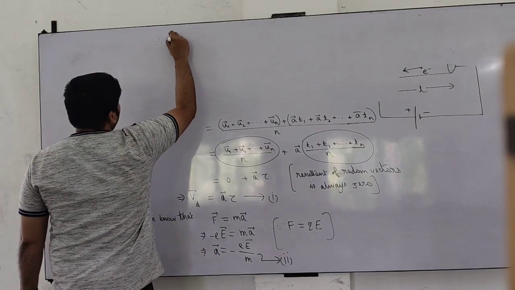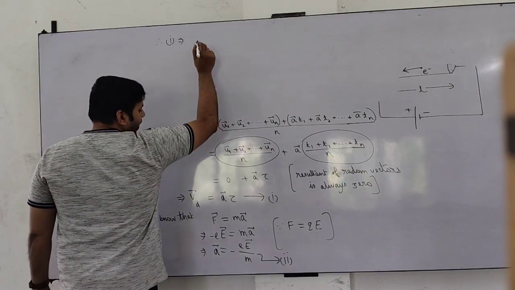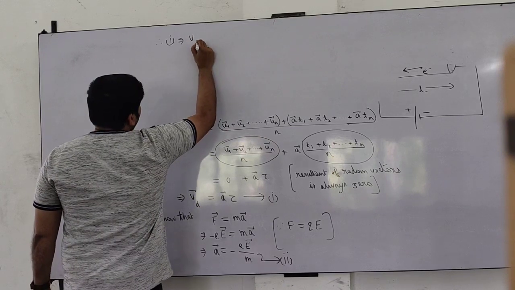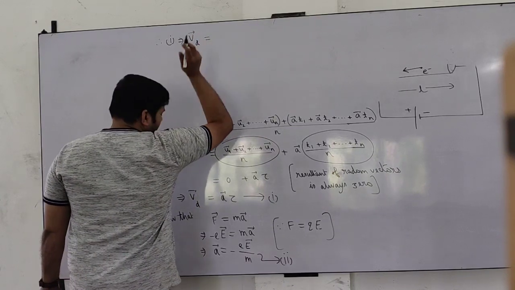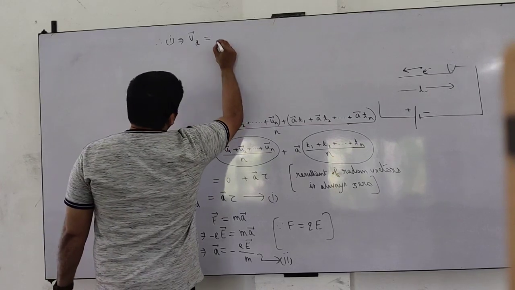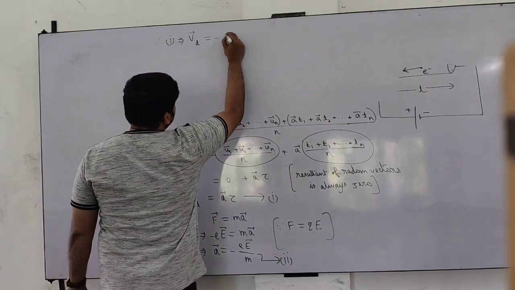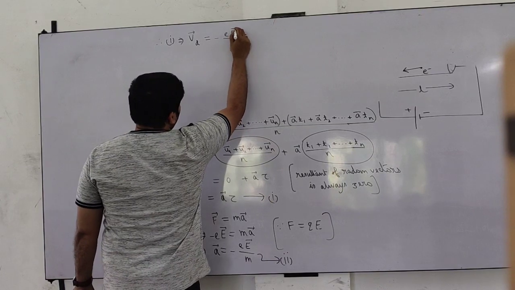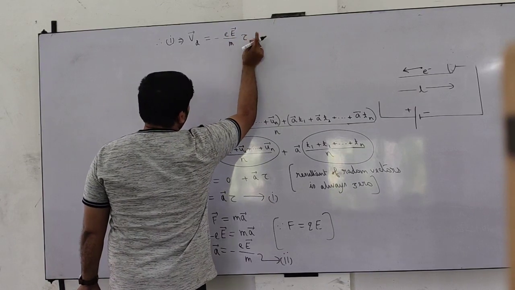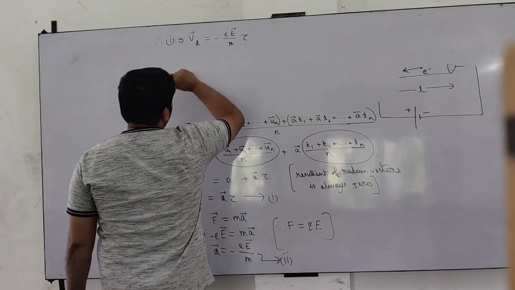Therefore, equation 1 implies Vd vector is equal to, in place of a vector, we can write minus E vector by m into tau.